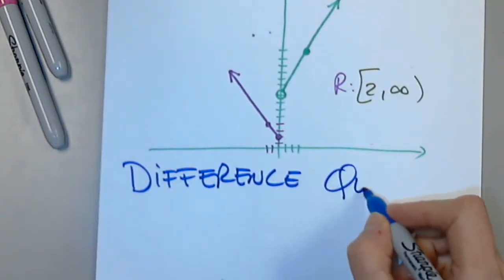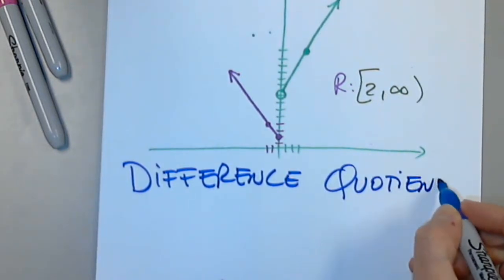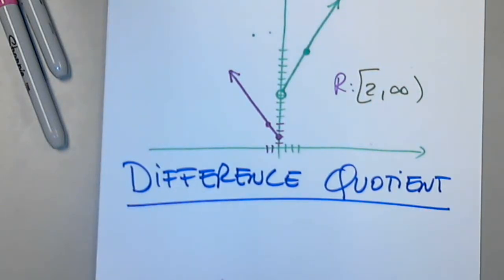Difference quotient. What is this? And what is it used for? The difference quotient for a function will give us the rate of change of that function, basically at any point.